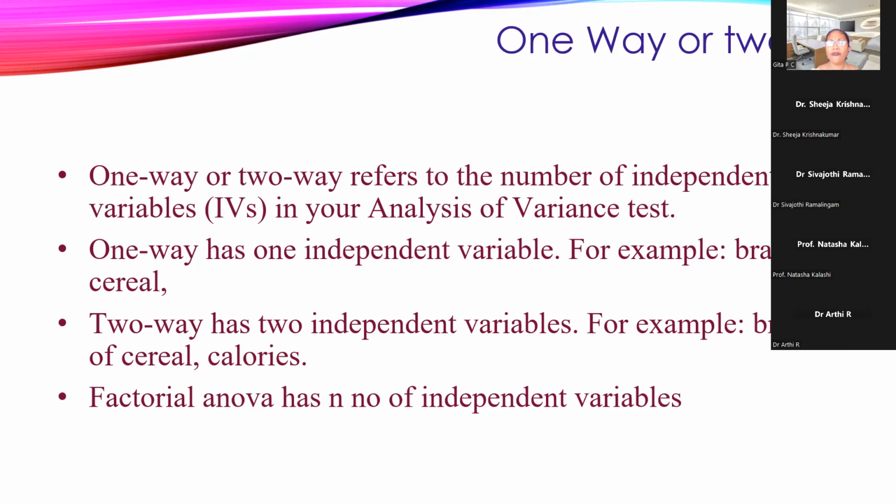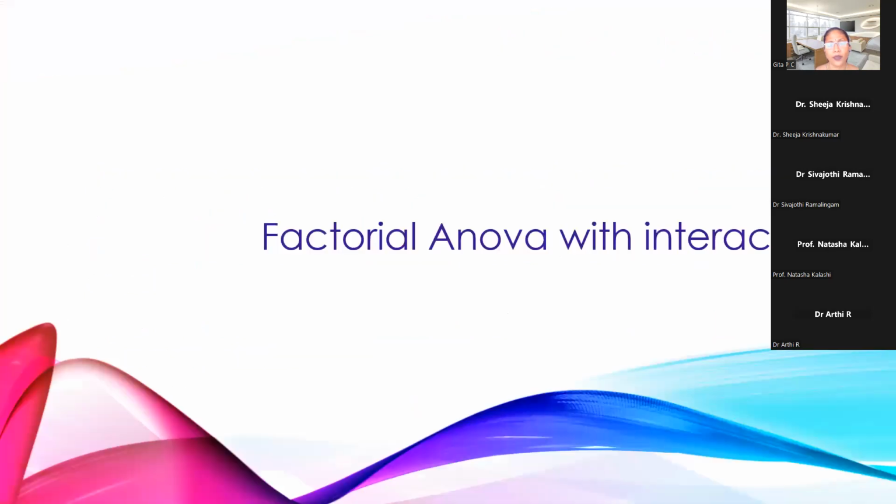So if you have more than 2 variables as your factors or independent variables, then it is called factorial ANOVA. Factorial ANOVA has n number of independent variables.